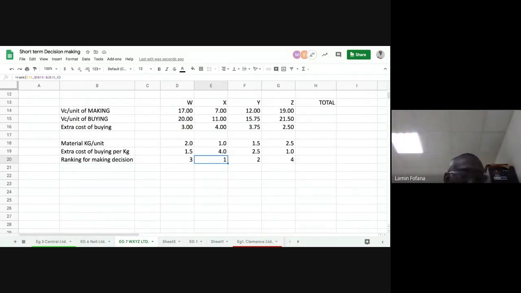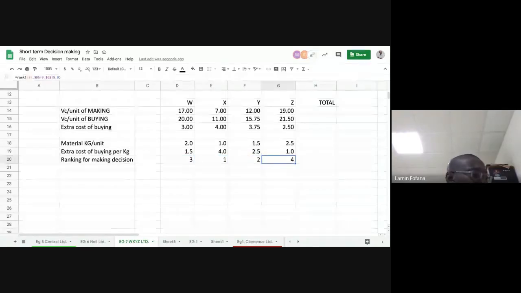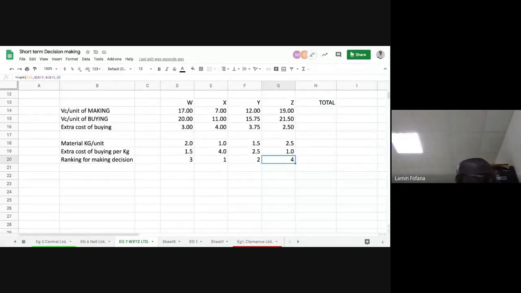Then followed by product Y, which is the second most expensive, 2.5 per kilo. And then the third one will be 1.5, which is W. And then the fourth one will be Z. Now we're going to do our optimal production plan based on this.